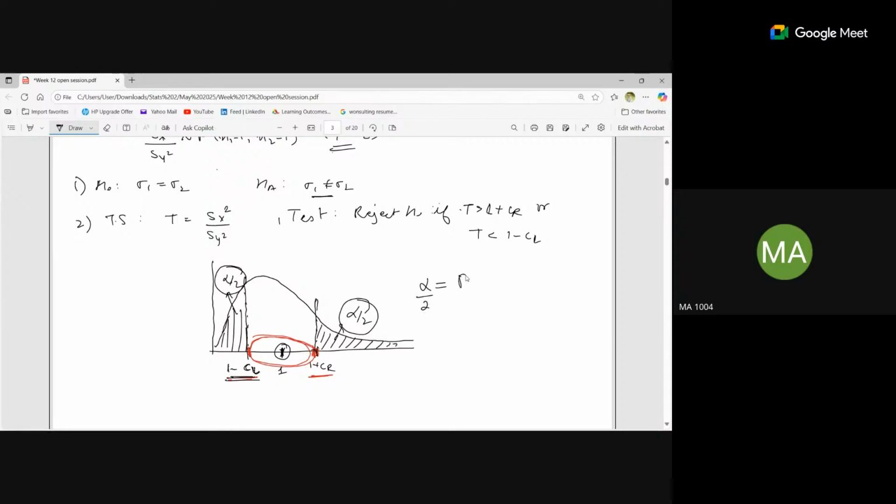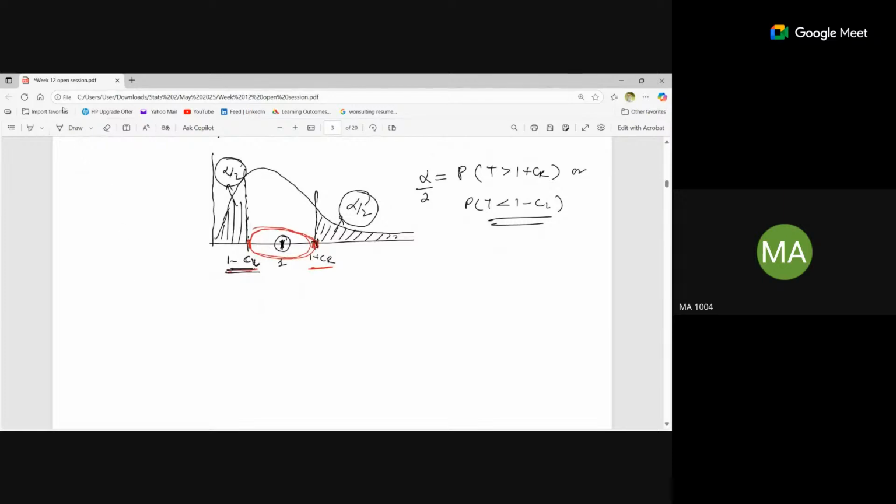Alpha by 2 would be equal to the probability that t is greater than 1 plus CR, or the probability that t is less than 1 minus CL. So this is my F test. So how will we be calculating this?